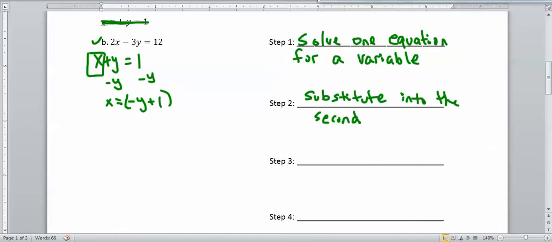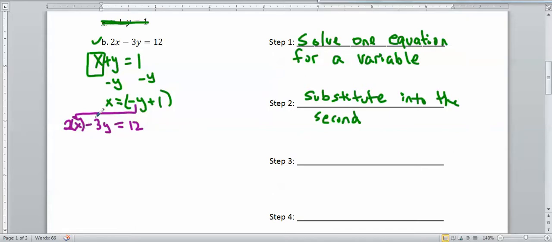Okay, and for that, I'm going to use a different color. So I've got this 2x minus 3y equals 12. This x is equal to negative y plus 1, so I can replace x with all of that, right? I need to remember that x is being multiplied, so if you need to, put parentheses around it and fill in the parentheses.